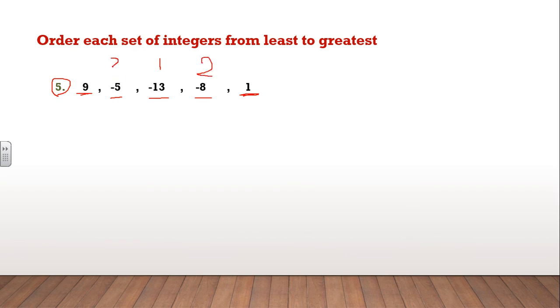Then negative 5, and here we have the positive 1 and 9. Of course 1 is smaller than 9, so it will be 4, and the 9 will be the last number. Let's see if what we said is correct or not. Yeah, very good. Let's see the next question.